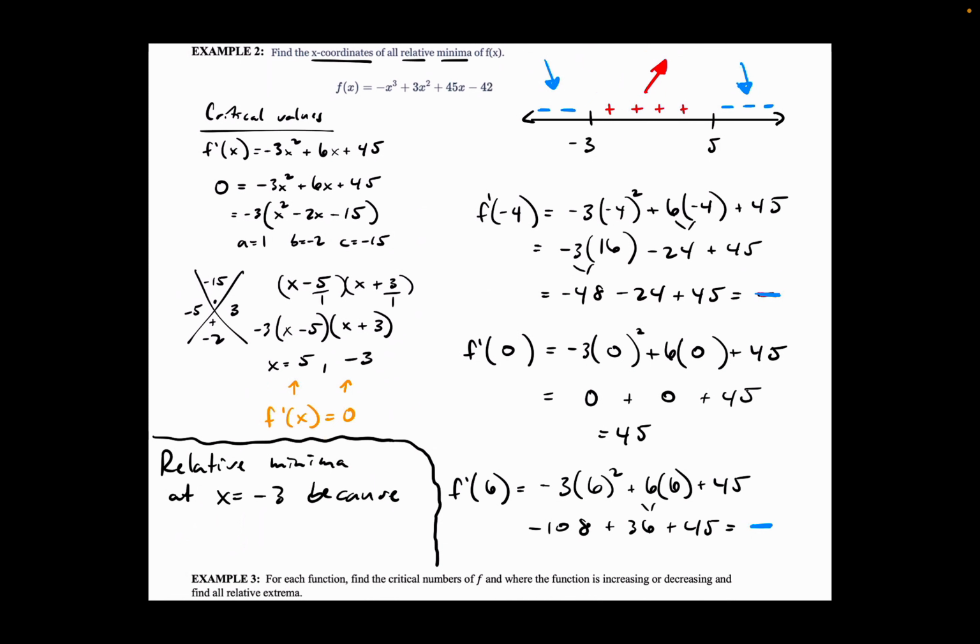Because it goes down and it goes back up. f prime of x switches from negative to positive. Before negative 3, I was decreasing. After negative 3, I was increasing. So that creates a relative minimum.